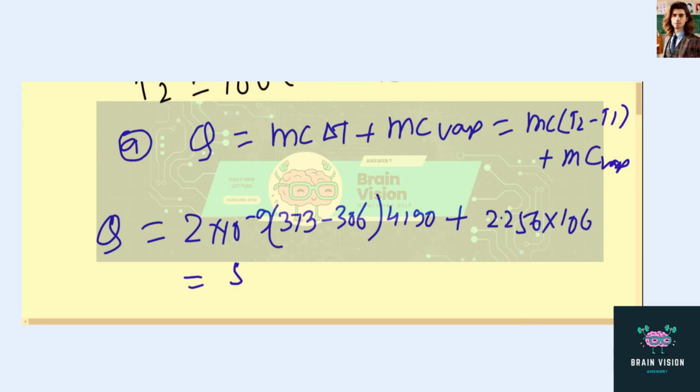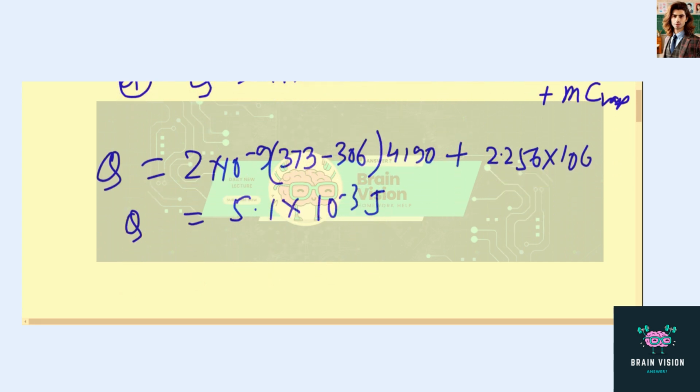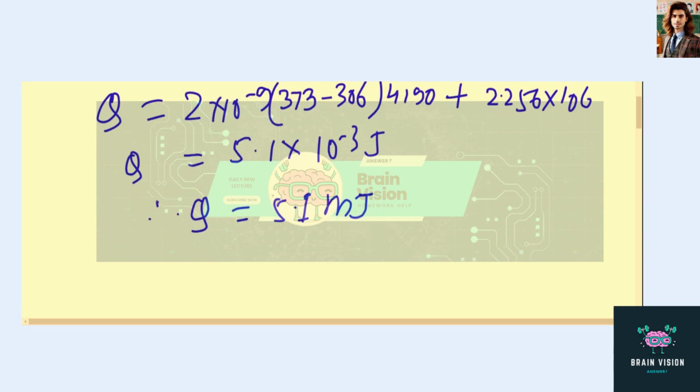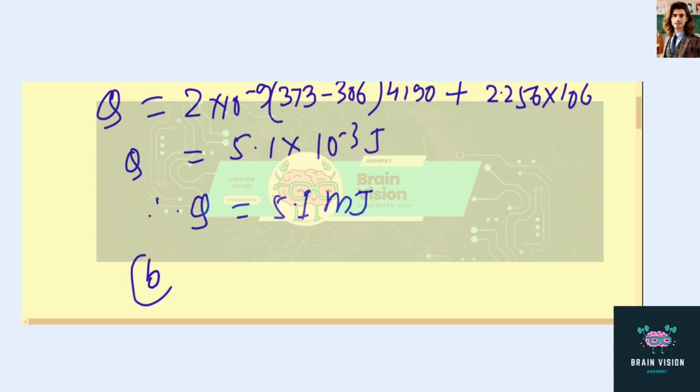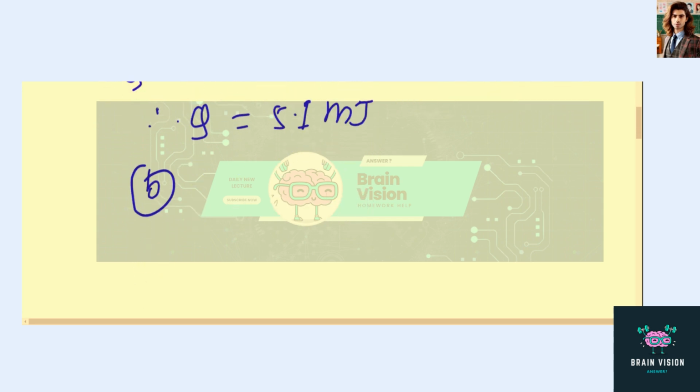This will become 5.1 after the calculation. This total part over here Q will become 5.1 into 10 to the power minus 3 joule, and when we convert, this will become 5.1 millijoule, because 10 to the power minus 3 is milli.